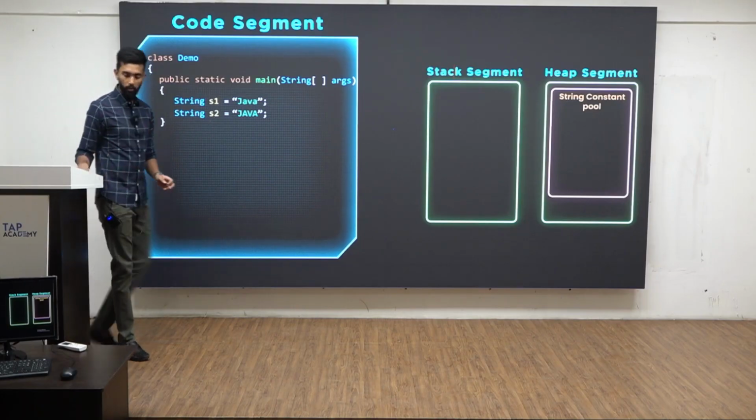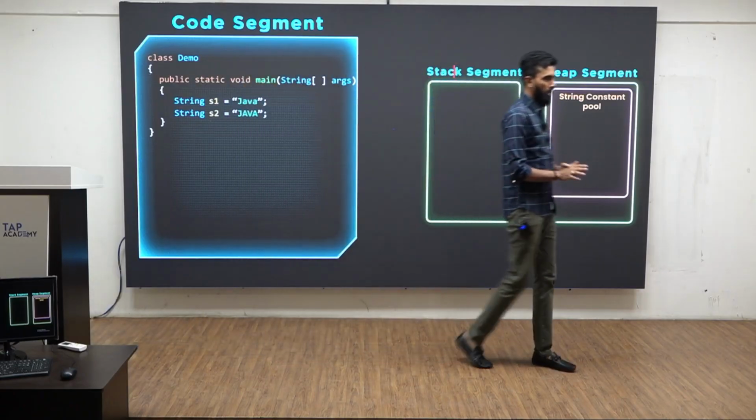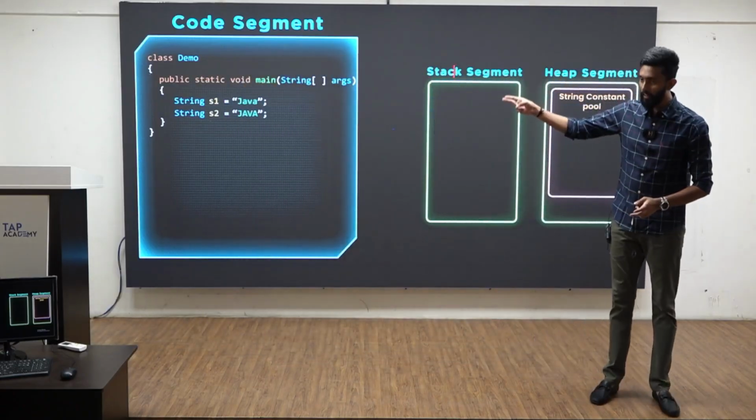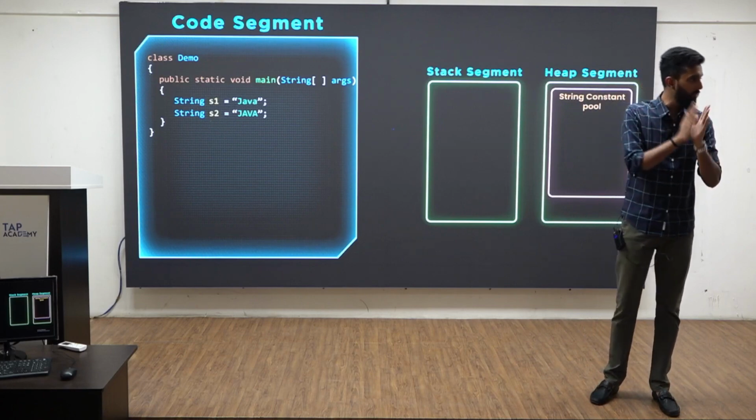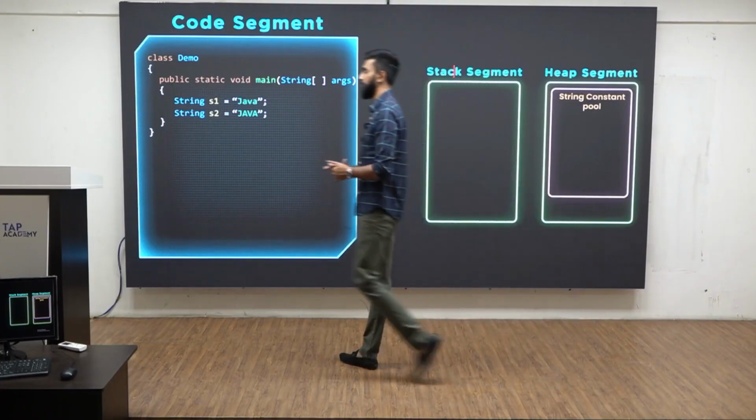Now, I am going to give you 2 minutes. Just visualize the memory in your mind, and tell me, if I compare references, what should be my output? If I compare values, what should be my output? Just think for 2 minutes in your mind.